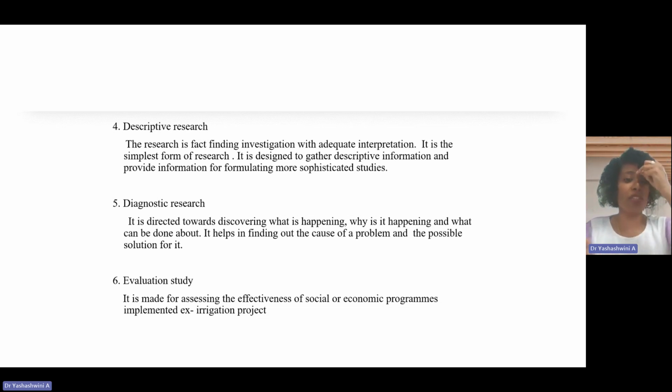Next one is evaluation study. This research is done for assessing the effectiveness of a particular social program being implemented, or any kind of work or project which is implemented. Taking an example in Bangalore Metro, we have a green line and a purple line.